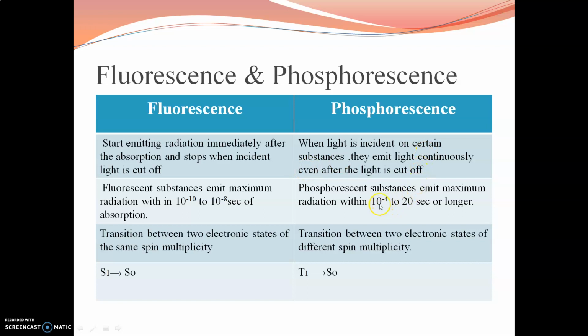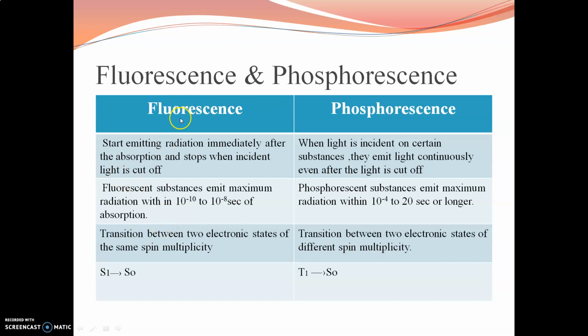It may take place in the range of 10 raised to minus 4 to 20 seconds, or even go for minutes. Fluorescence emission takes place 10 raised to minus 10 to 10 raised to minus 8 seconds after absorption.